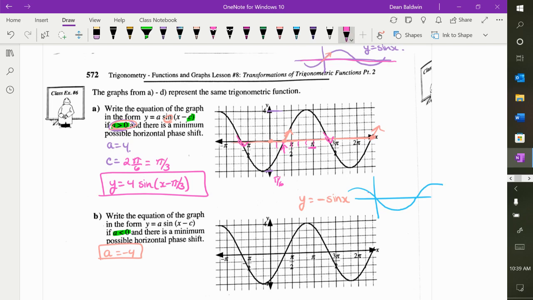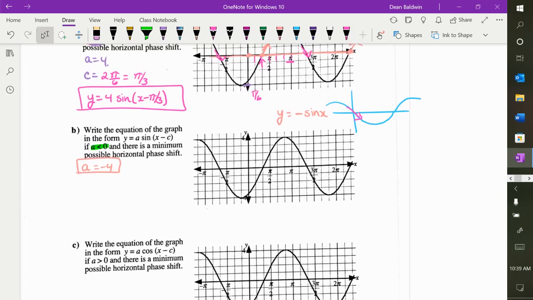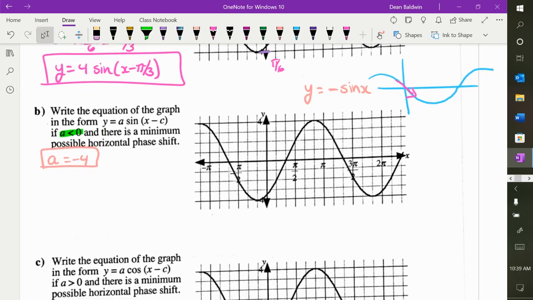What's happening at the midline, at the origin? It's going down. So if you're trying to figure out the equation of this graph, when our A value is negative, you go to the midline. You find the closest part of the graph that is going down. Where is that? It's right there. So that is your shift. How many lines is that? 4. And each line is pi over 6.